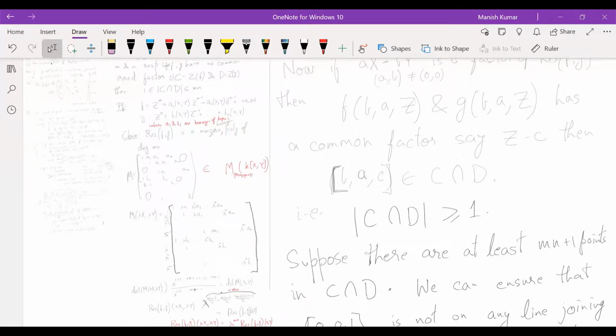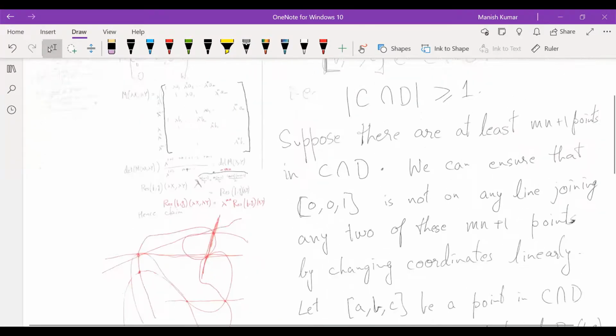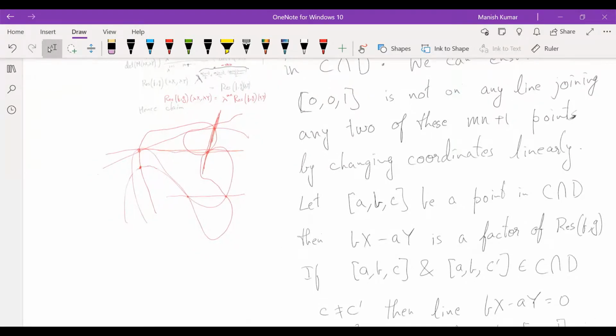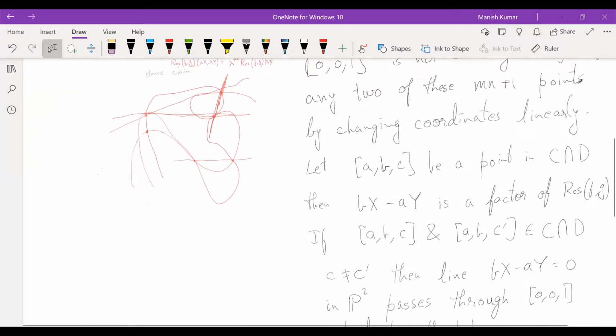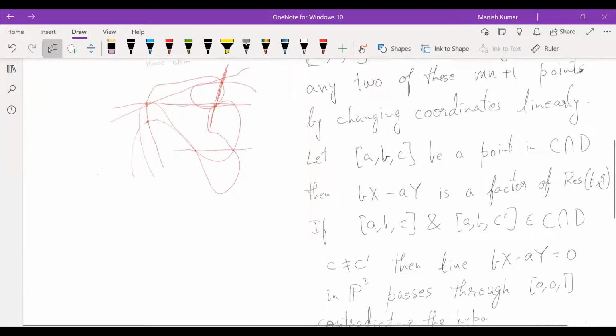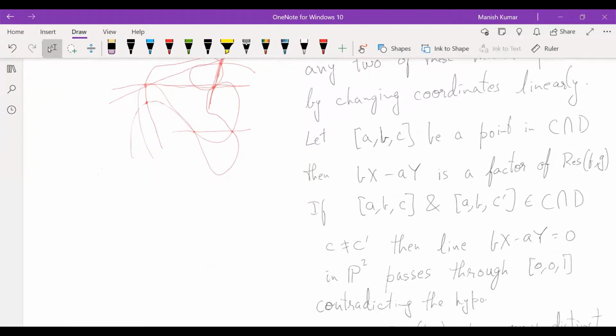Since the resultant is a bunch of linear factors, Bx minus Ay is a factor of the resultant of f and g. And suppose there are 2 points with the same x and y coordinates, (A, B, C) and (A, B, C prime), both in C intersection D with C different from C prime. Then both these points lie on the line Bx minus Ay.